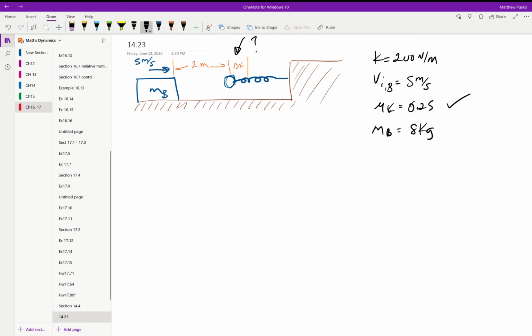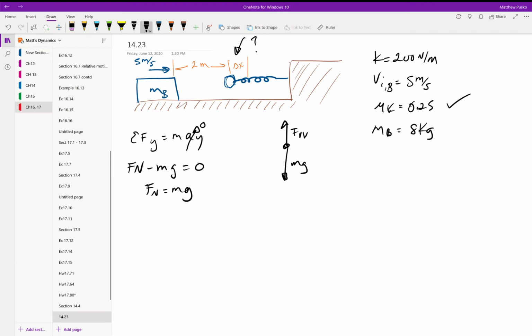We're dealing with friction, so let's sum the forces in the y direction to get the frictional force from the normal force. That gives us an acceleration in the y direction of 0. Let's draw the free body diagram: normal force up and mg down. So N minus mg is equal to 0, or in this case they are equal.